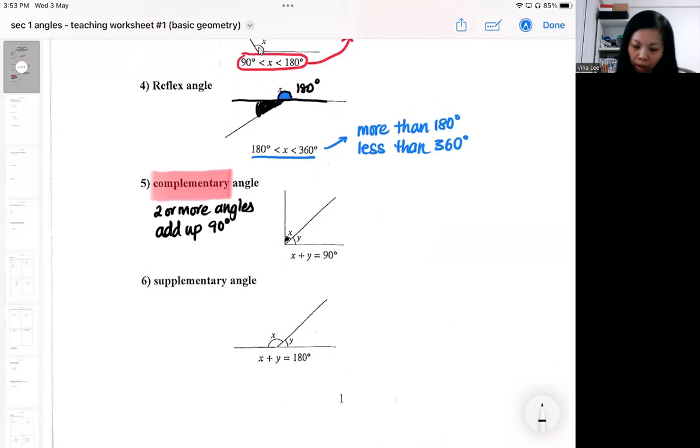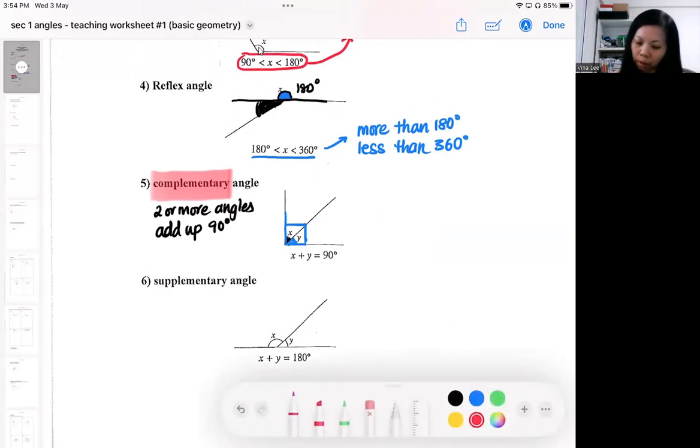In this case, we only got two angles, you realize? So these two angles add up to 90 degrees. But it can be more than two. So when they add up to 90, we call that complementary angle.